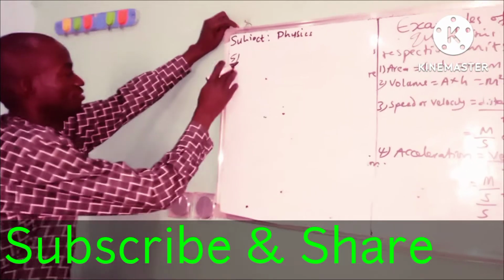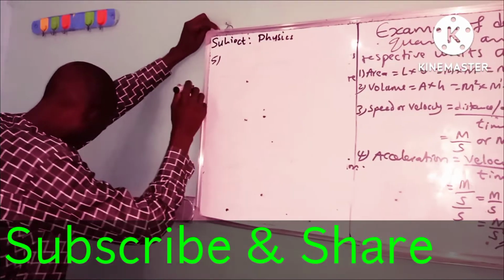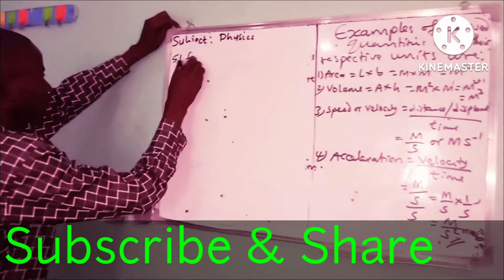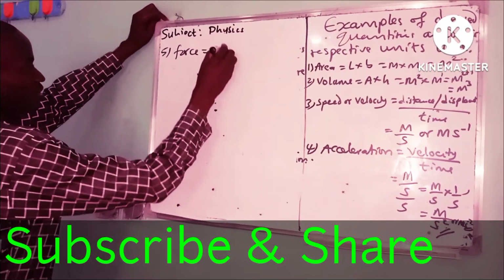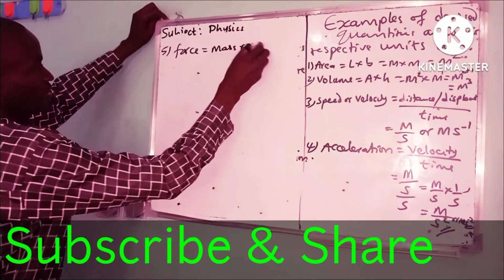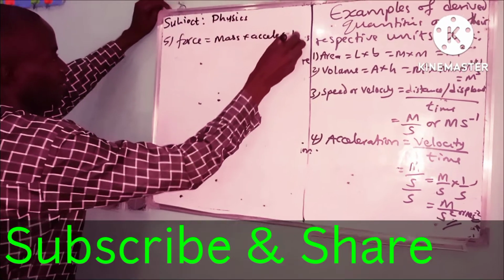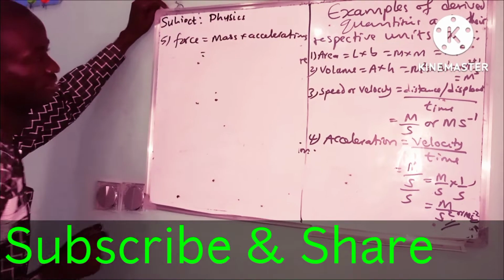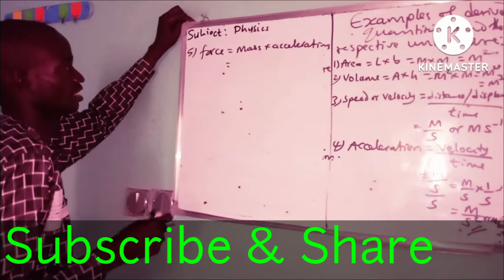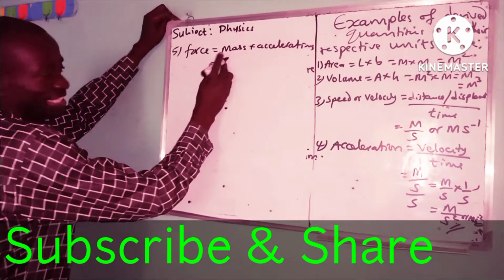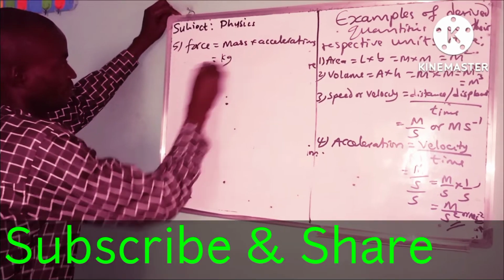So the fifth example which I consider is force. What is force? Force is equal to mass times acceleration. Of course, you know, mass is a fundamental quantity which is expressed in kilogram.